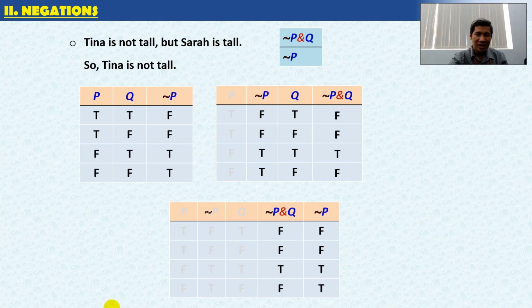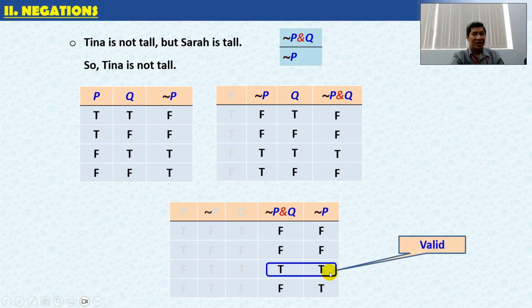There is just one single case where the premise is true and the conclusion is also true. Valid. Right? When the premises are true, the conclusion must be true. We just consider the cases when the premise is true. We have just one premise here, and there's just one case when the premise is true.